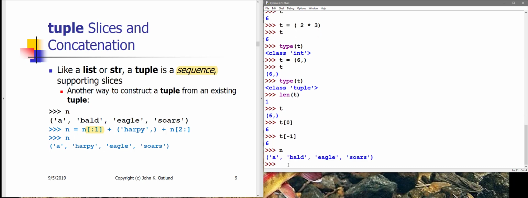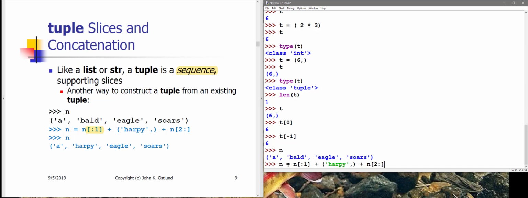N currently contains "a bald eagle soars", but if I say N gets N sub everything up to but not including sub 1, appended with the tuple containing "harpy", and because that's a one-item tuple, remember I have to use my comma, followed by all of the items in N from 2 up to the end.